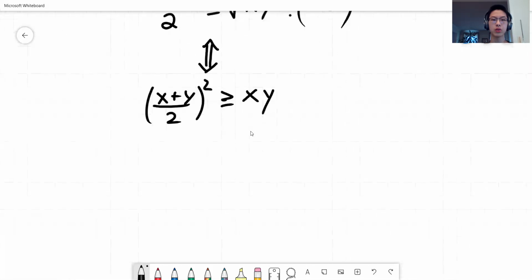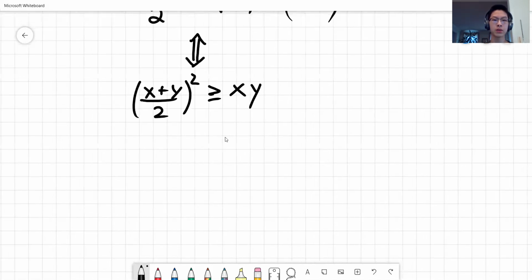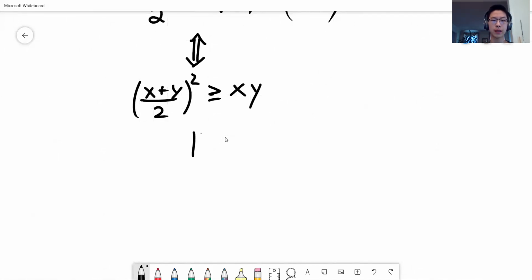So we're going to multiply both sides by 4, because you divide by 2 and square it, so once you expand it you'll get a fraction that has 4 in the denominator. Multiplying by 4 is a reversible operation, and we get x plus y squared is greater than or equal to 4xy.